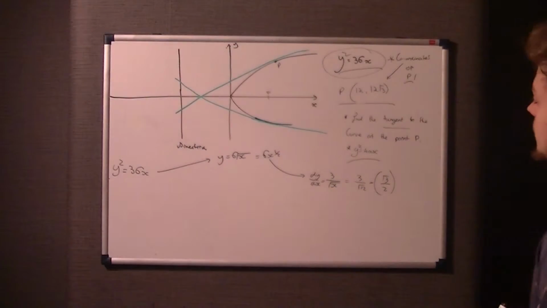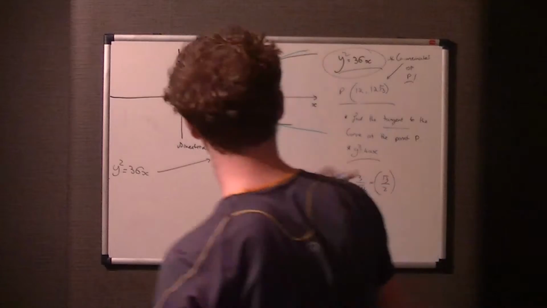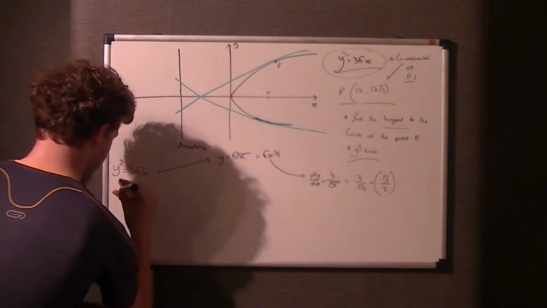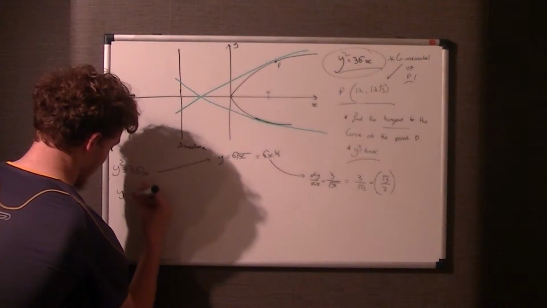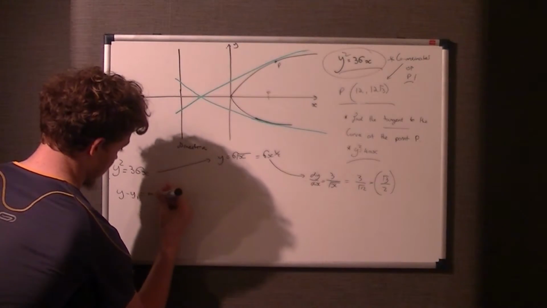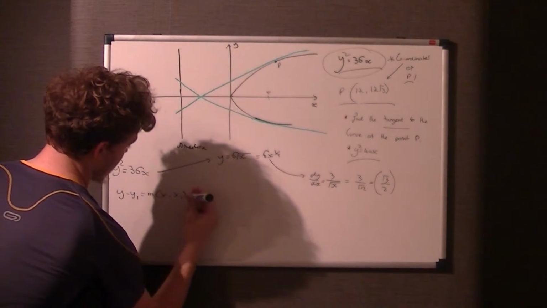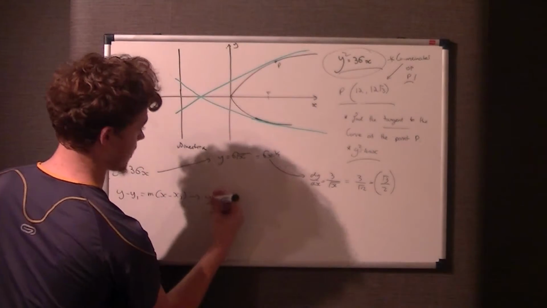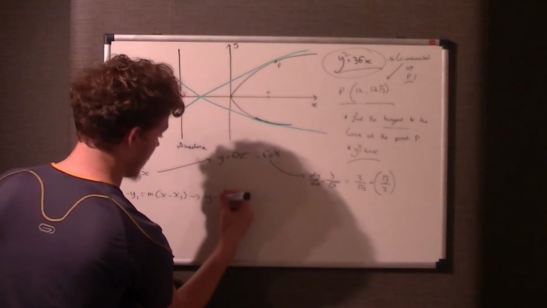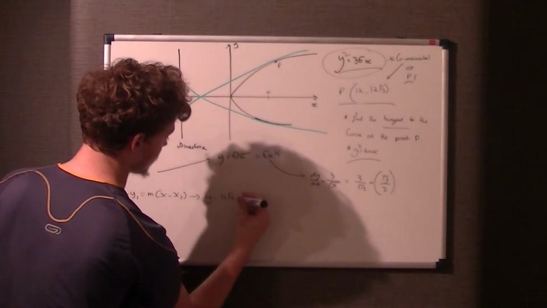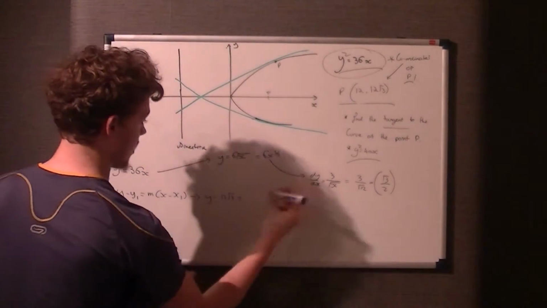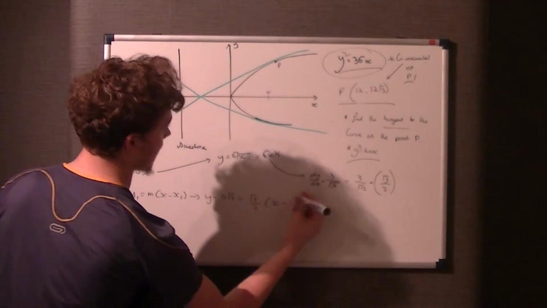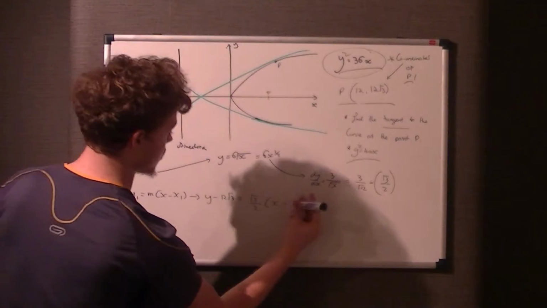Okay, and that's your gradient. Because we want the tangent, and the tangent has the same gradient as the curve, just use your standard C1 equation: y take y1 equals m brackets x take x1. So you sub in your values: y take 12 root 3, and you put the gradient as root 3 over 2, brackets x take 12.